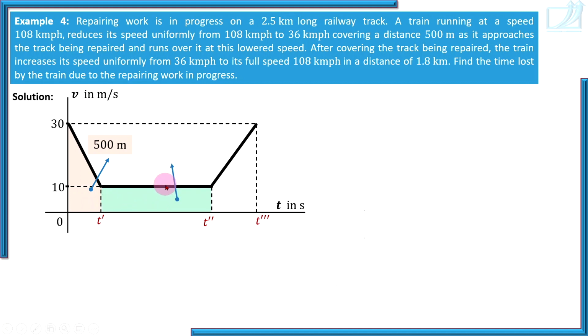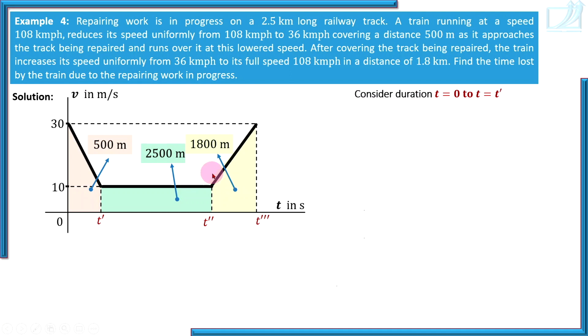And after that, the train increases its speed uniformly from 36 kilometers per hour to full speed 108 kilometers per hour in a distance of 1.8 kilometers. That is, this area is 1800 meters.